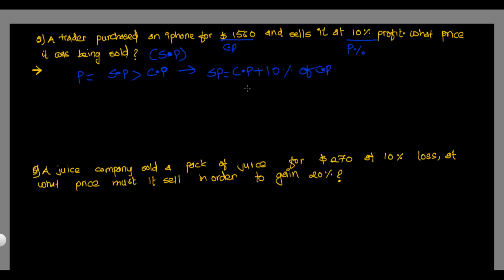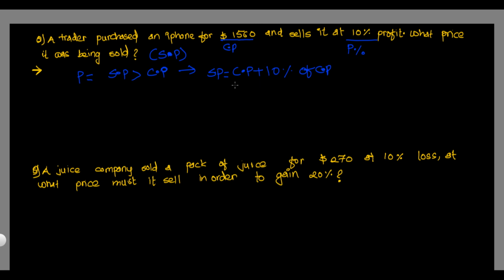I just want to remind you one more time that profit and loss are always calculated or derived in terms of CP. What percent of your CP is profit, or what percent of your CP is loss?